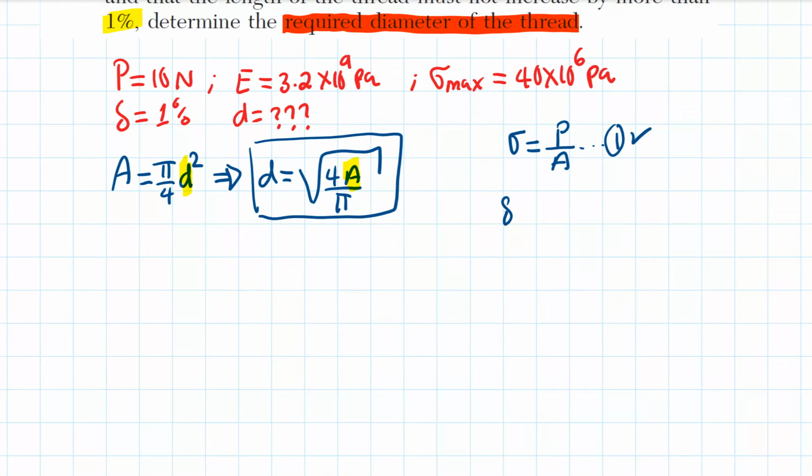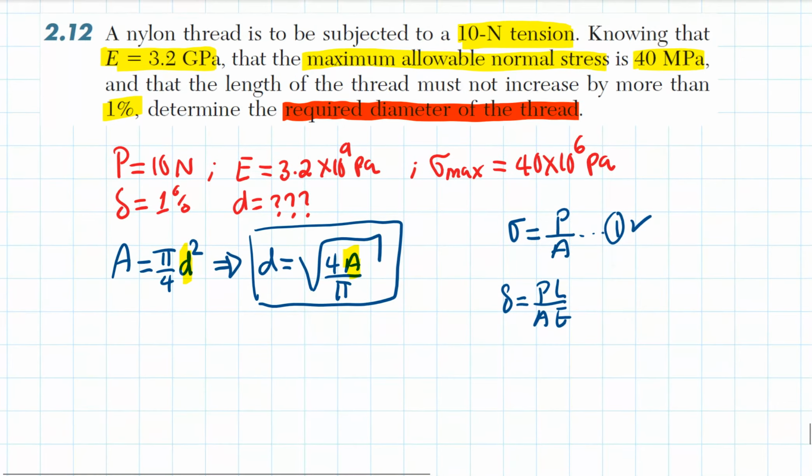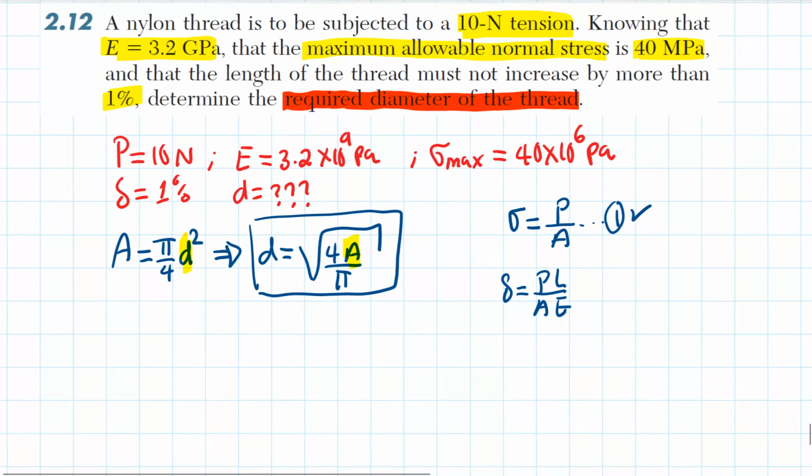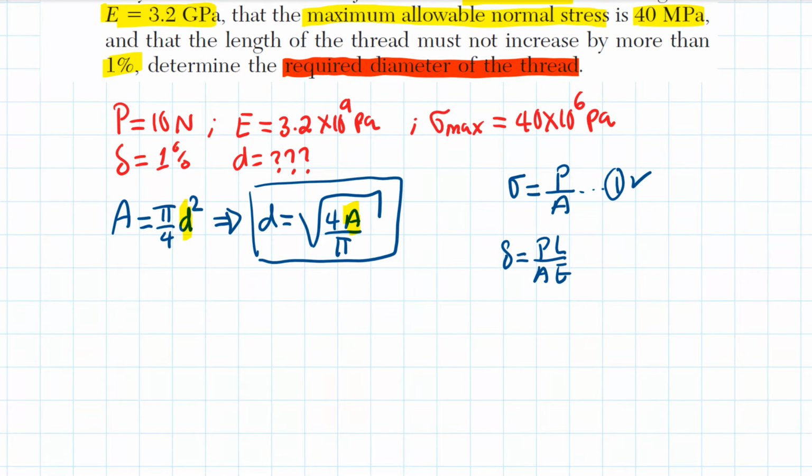Another equation is the deformation equation, PL over AE. We can find the ratio between the deformation and the length from the 1%.